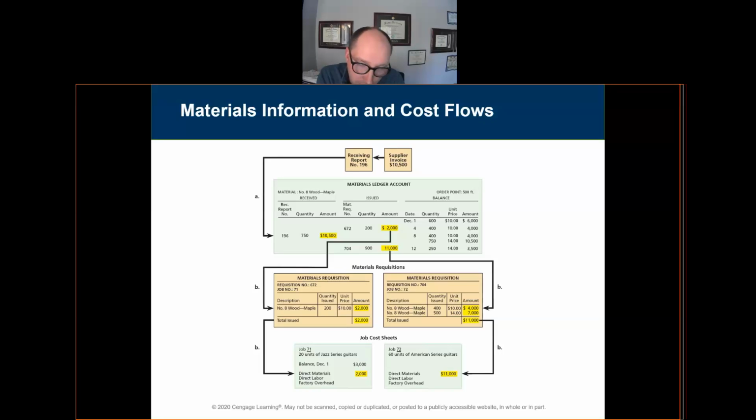What that does is I'm transferring it out of raw materials and putting it into work in process. All that does is I'm transferring it from one asset account to another, right? And I do that using the materials requisition form, as you can see in this example.